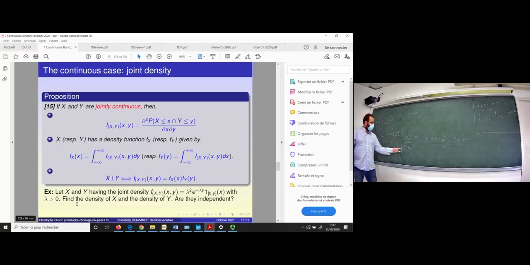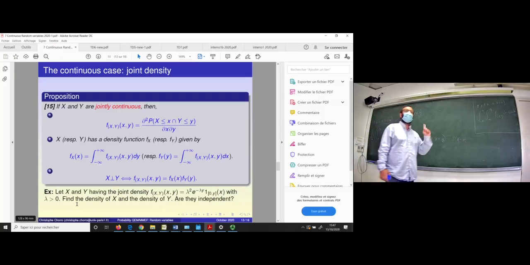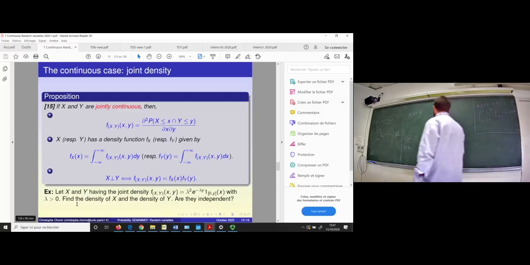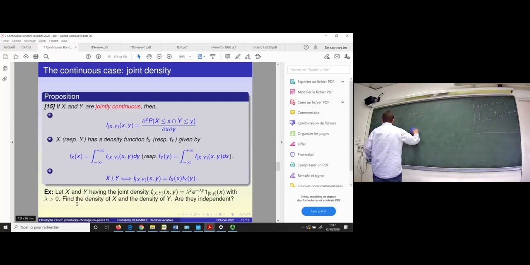Unfortunately, if I change the range of y that is countable into one that is not countable, I don't have the law of total probability anymore, because the law of total probability works for a countable partition, and only a countable partition. If I have a partition that is not countable, I can't say anything. But this is the idea.